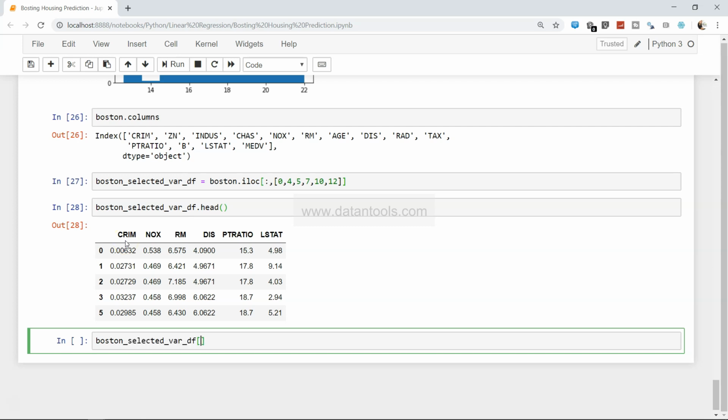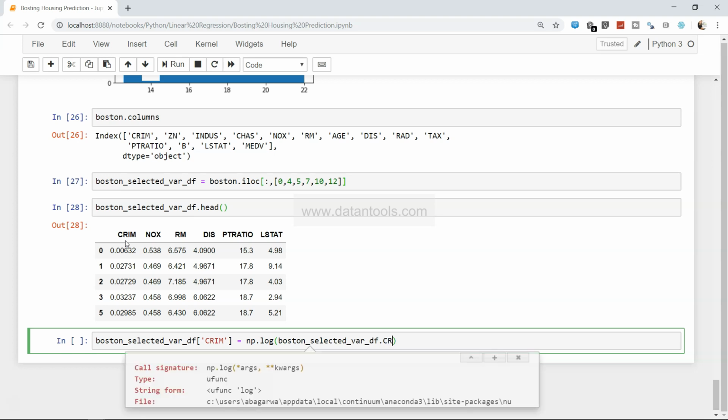Selected, and then CRIM, and then np.log, and Boston dot CRIM.